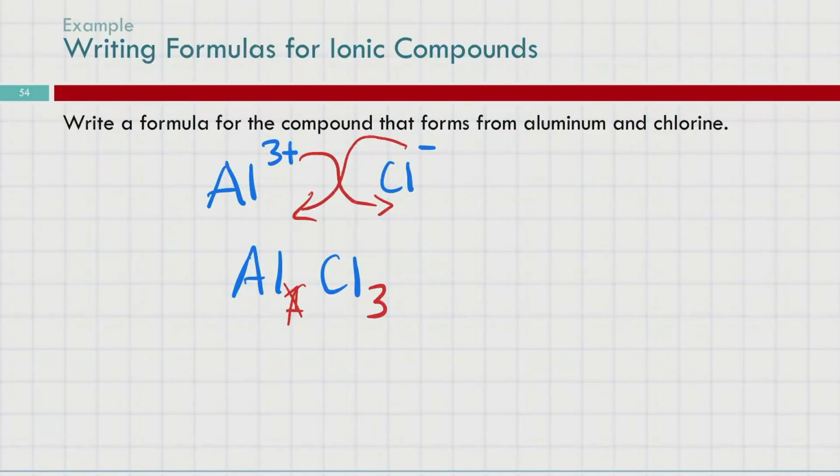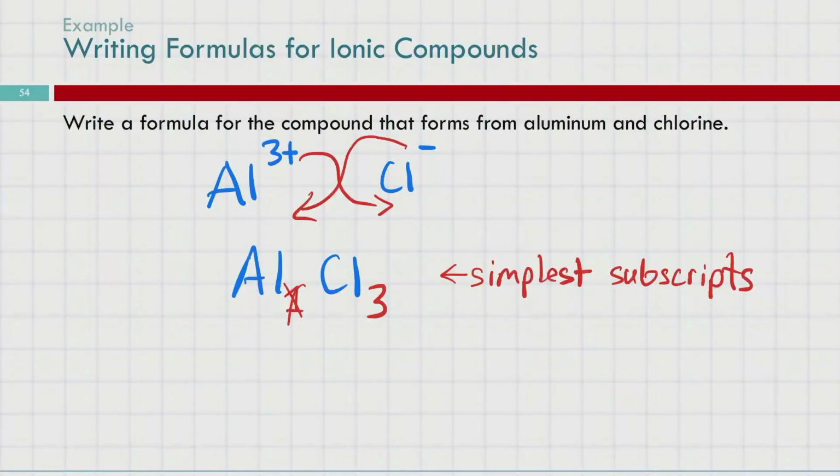Then we would check, can we reduce this? We've got a 1 for a subscript, you can't reduce a 1. We've got a 3 for a subscript, you also can't reduce a 3 unless it's the smallest sometimes. So this is fine. So we've got our simplest subscripts. Great.